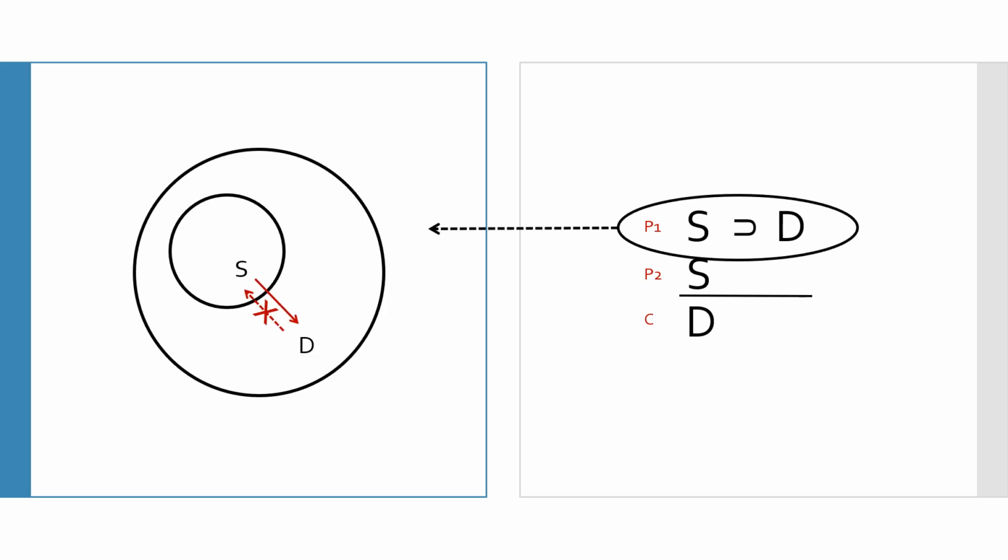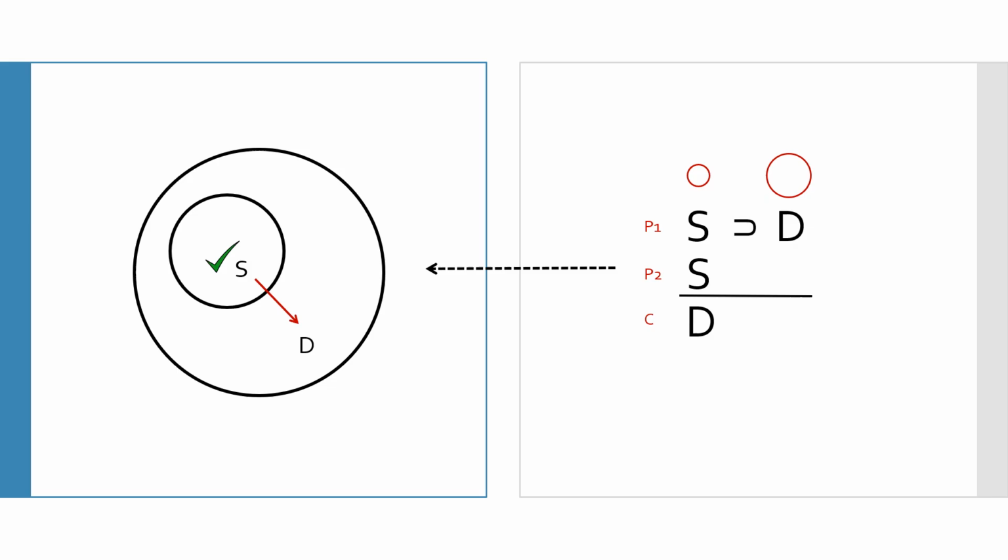Now, if you stop and think about this, why this is a valid form and why this actually works is that when we have a conditional statement, we're essentially giving ourselves a universal affirmative. So if we go back to categorical reasoning, to say if S is true, then D is true, is essentially saying every single S in existence must also be a D, but logically it wouldn't imply that every D has to be an S.